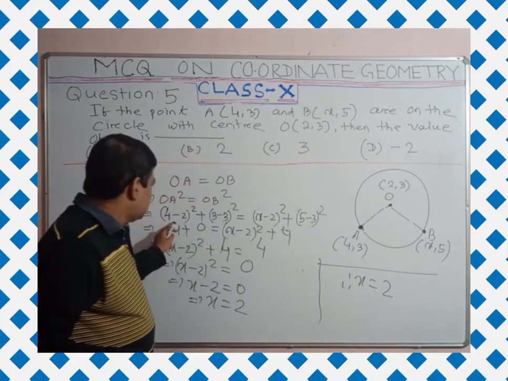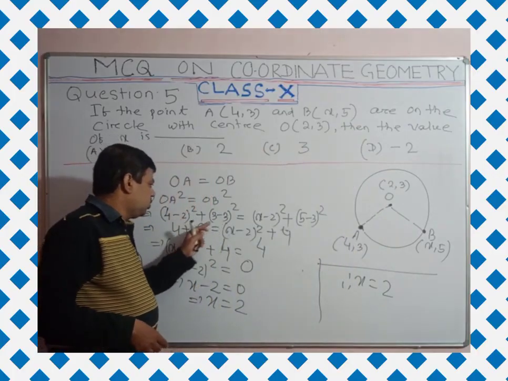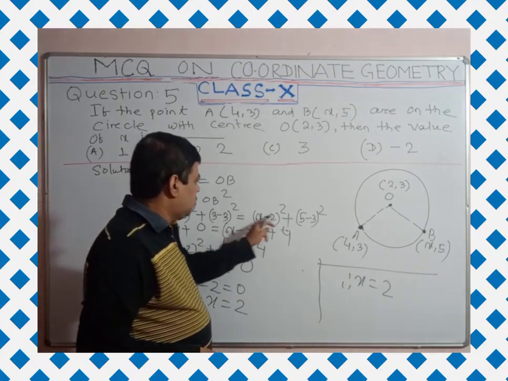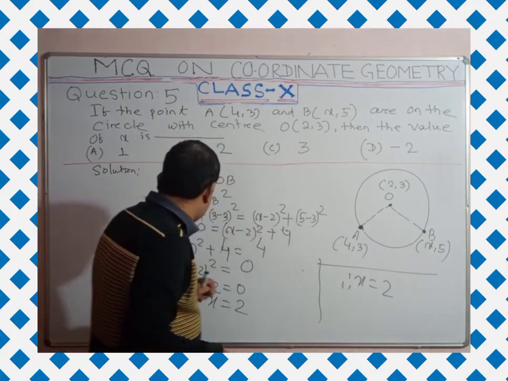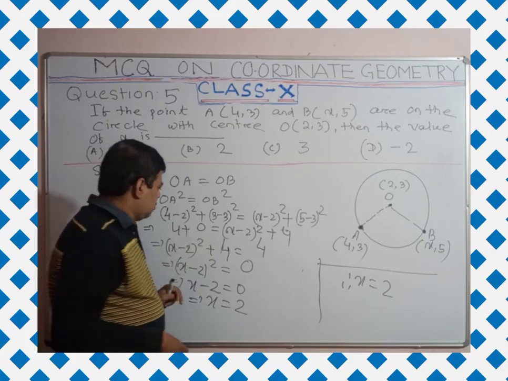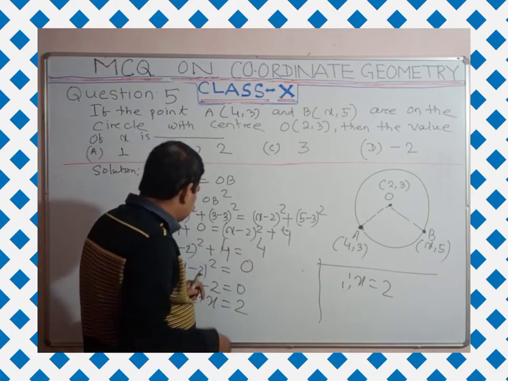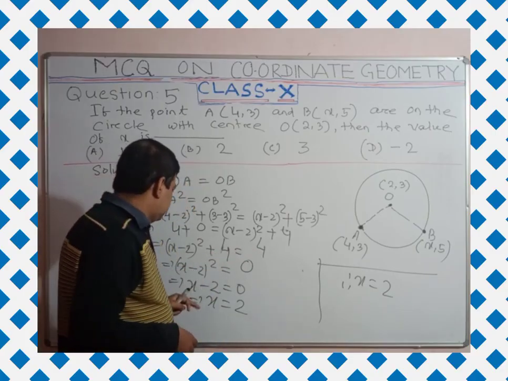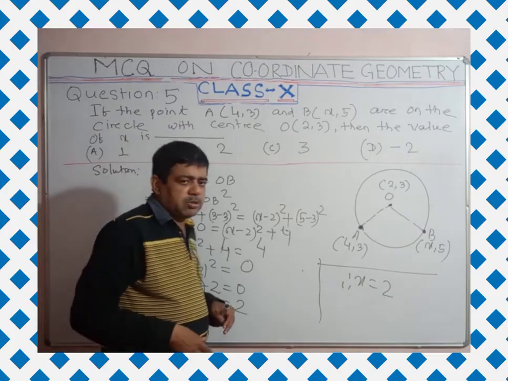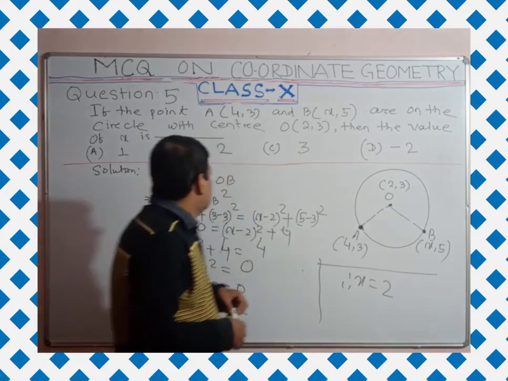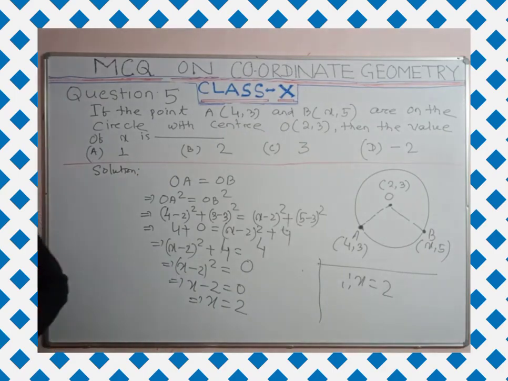So 4 minus 2 is 2, 2 square is 4, 3 minus 3 is 0, and x minus 2 whole square, 5 minus 3 is 2, 2 square is 4. So x minus 2 whole square plus 4 is equal to 4. So 4 will be cancelled, and x minus 2 whole square will be 0, x minus 2 is equal to 0, and x is equal to 2. So here B is the correct option.